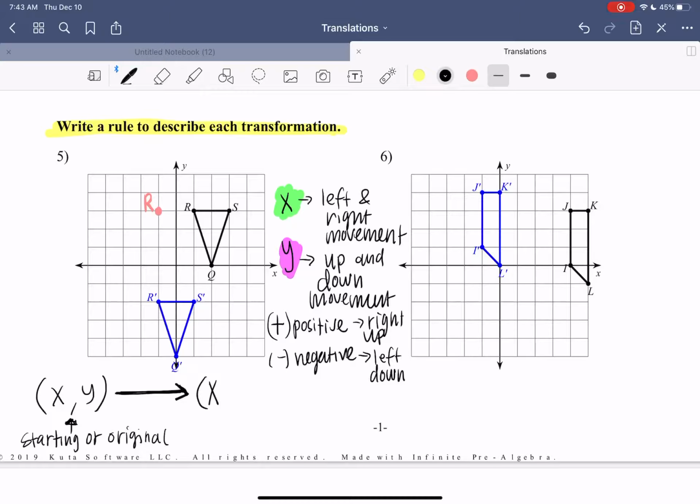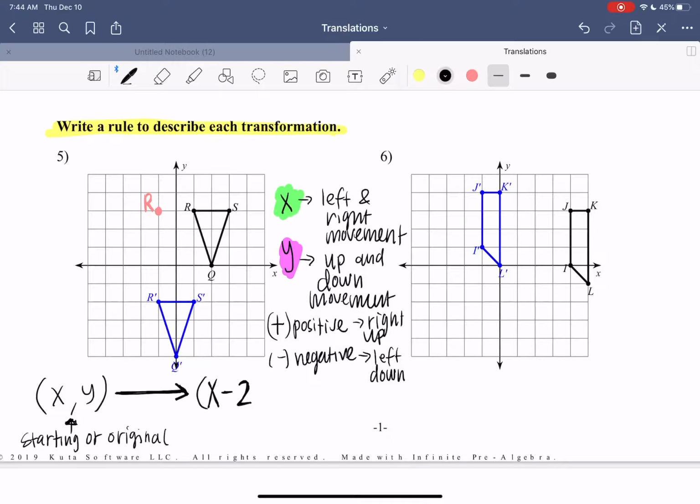We moved it left, so that means it's going to be a subtraction. And it's an X movement, so we're going to take our X and subtract 2, because we moved it 2 times to the left.